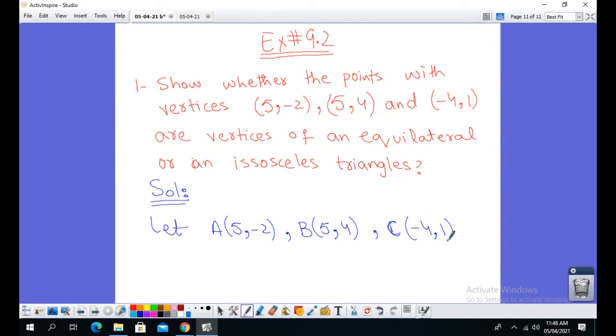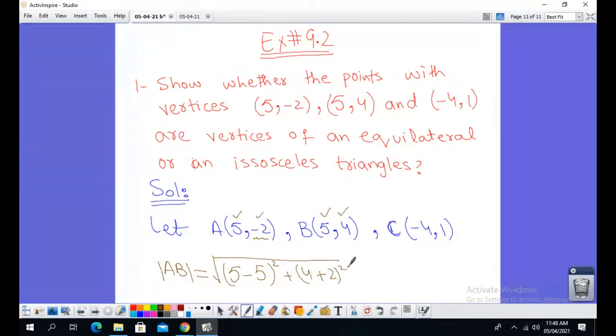Now, according to the distance formula, distance is originally the length between the 2 points. First of all, we take the distance between A and B, that is AB magnitude, which is equal to 5 minus 5 square, because in the formula we have x2 minus x1, plus y2 minus y1. Here there is a minus, so it becomes plus.